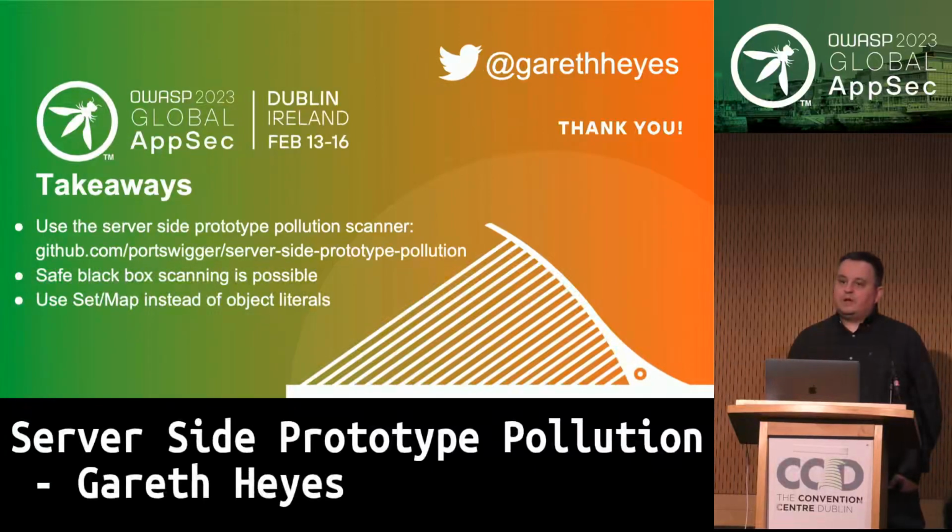Not on everything, well, it depends what you freeze and seal. If you freeze the object and the object prototype, then you should be all right. What I was thinking was, if you're using Object.keys, for example, and you just froze the prototype, then that wouldn't prevent that from happening, like I've demonstrated in the talk. But if you froze that as well, then yeah, you should be all right. Amazing. Thank you. No worries.